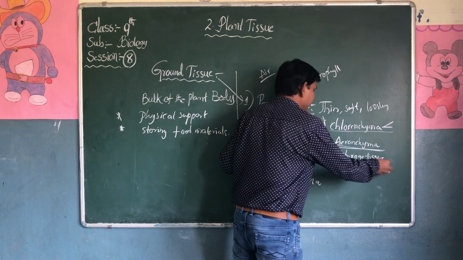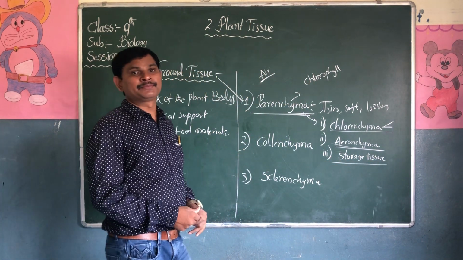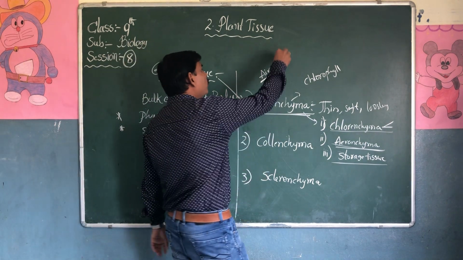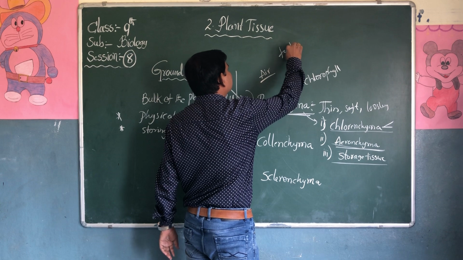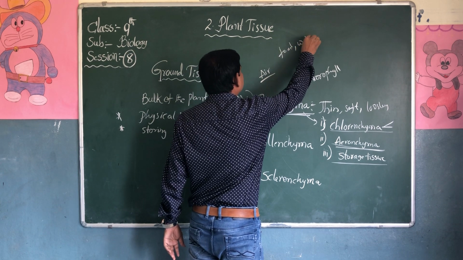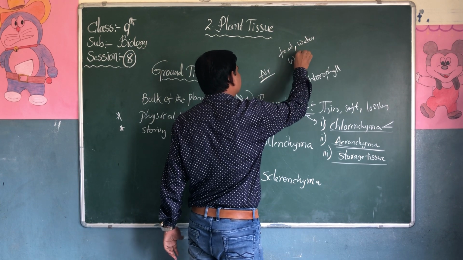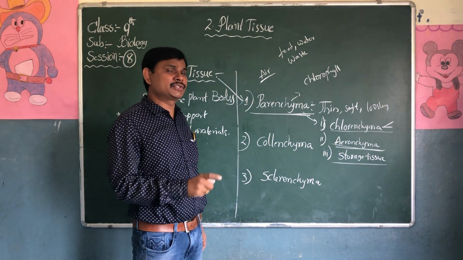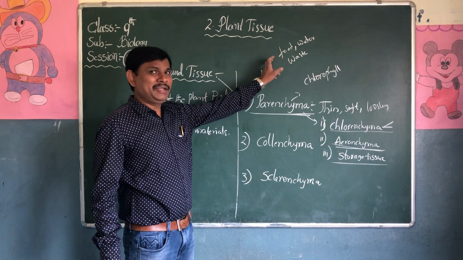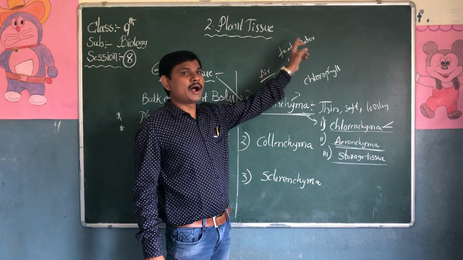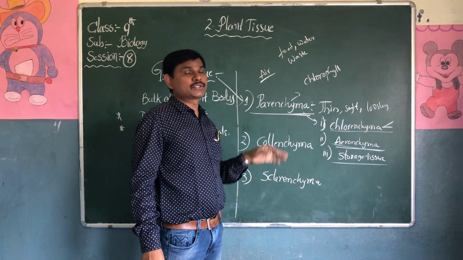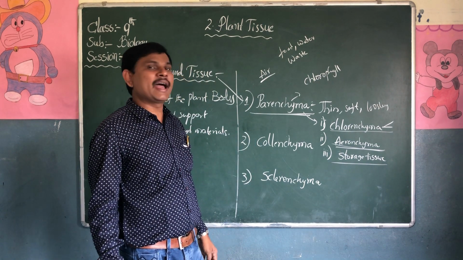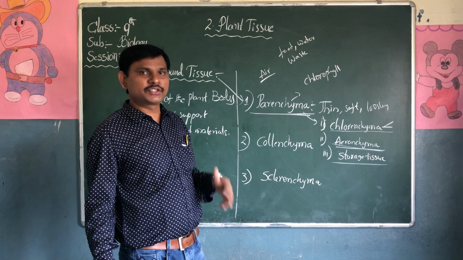Next, the last one is storage tissue. In the parenchyma, if the tissue stores food materials, water, or waste materials, such type of tissue is called storage tissue.